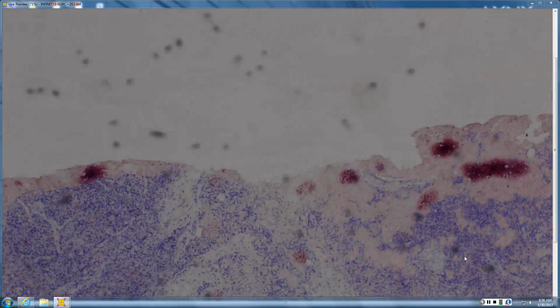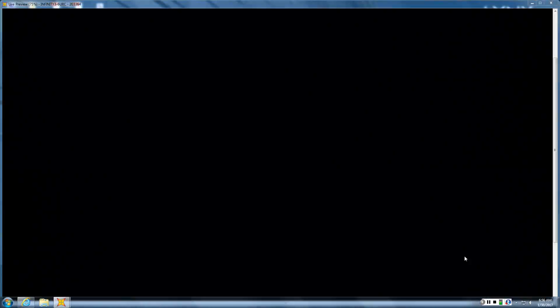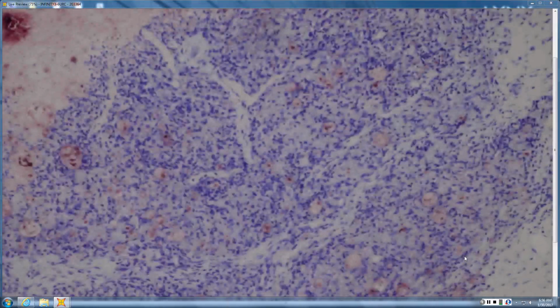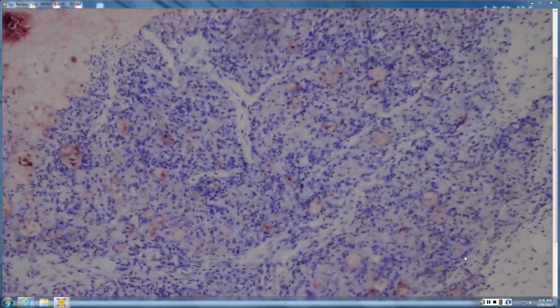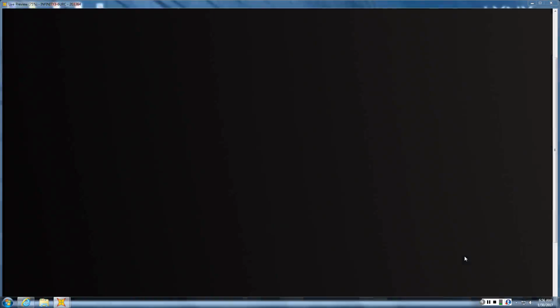And so, looking at the stain here, you can really make out all those bright red organisms there. And then you get a little closer, you can almost make out morphology.